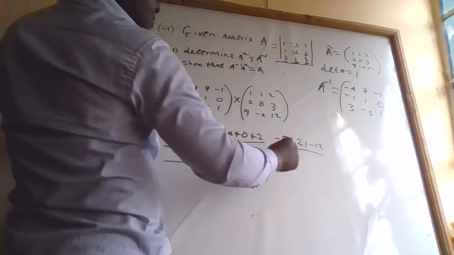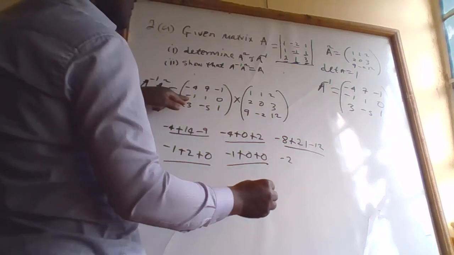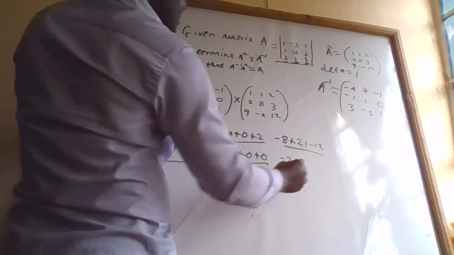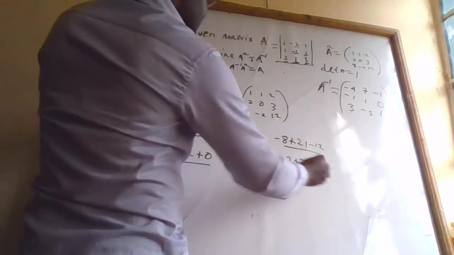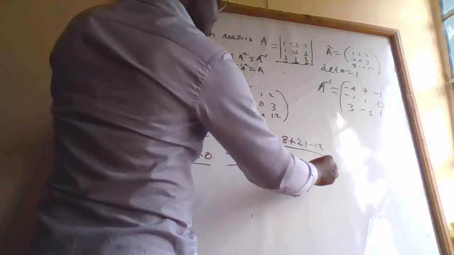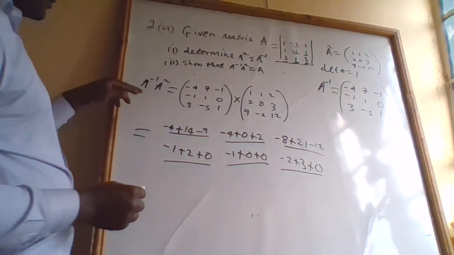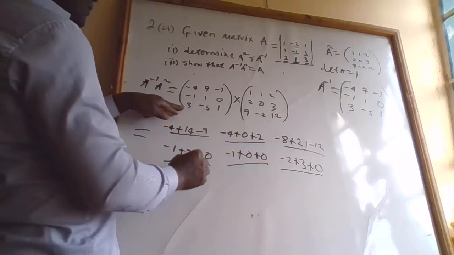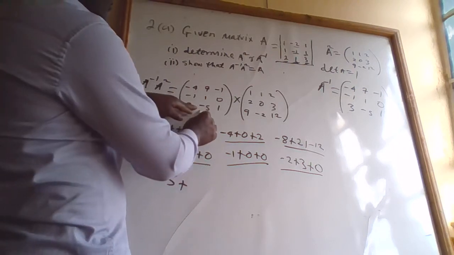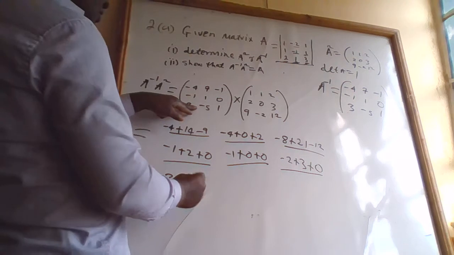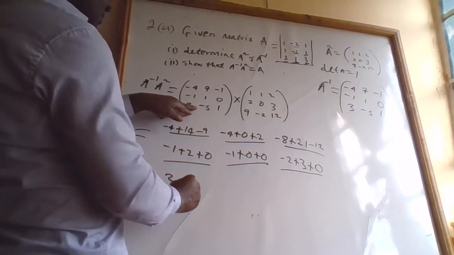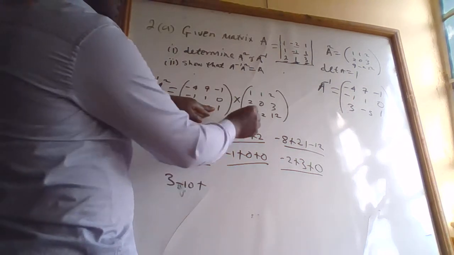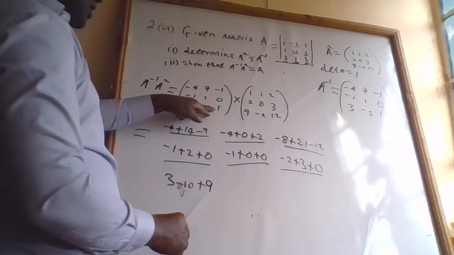Negative 1 times 2, negative 2, then plus 1 times 3, 3, then plus 0 times 12, 0. 3 times 1, we have 3, plus negative 5 times 2, so it will be minus 10, then plus 1 times 9, we have 9.